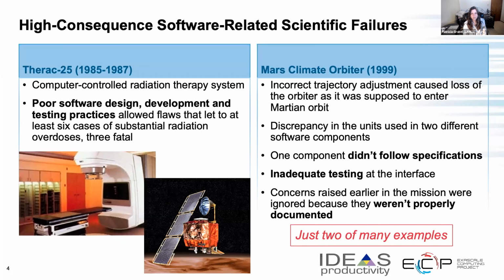And then you might know about the Mars Climate Orbiter that was lost due to incorrect trajectory adjustments. It was caused by one component that didn't follow specifications, and on top of that, there were inadequate tests at the interface level. And although concerns were raised earlier, they weren't ever documented in good bug reports, so they weren't fixed. And these are just two of many examples.